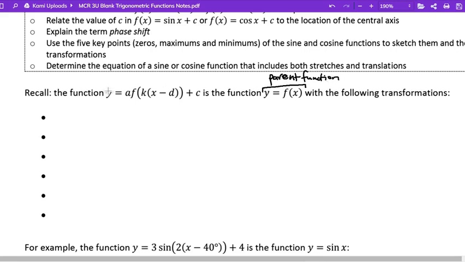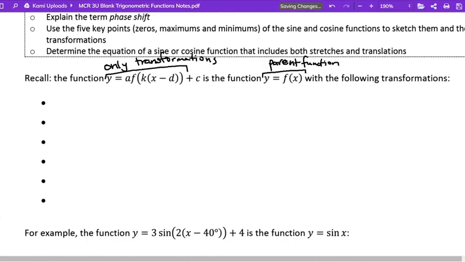This information is only transformations. So let's review what each of these transformations does.